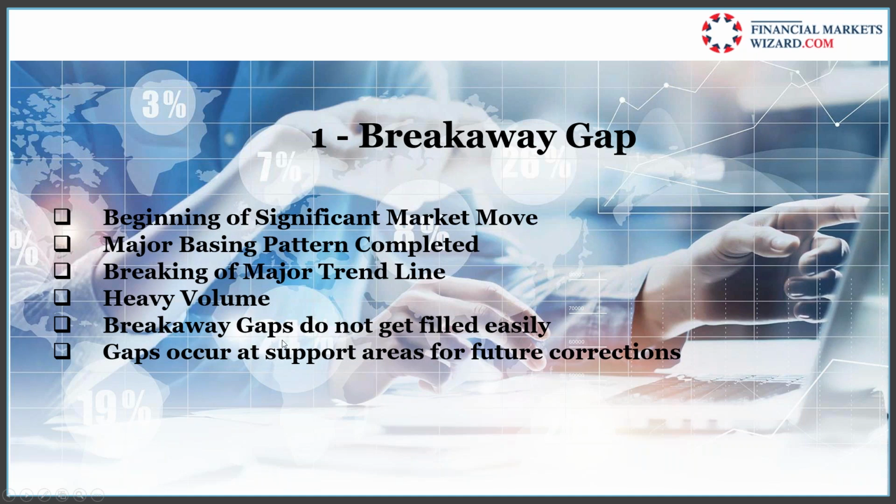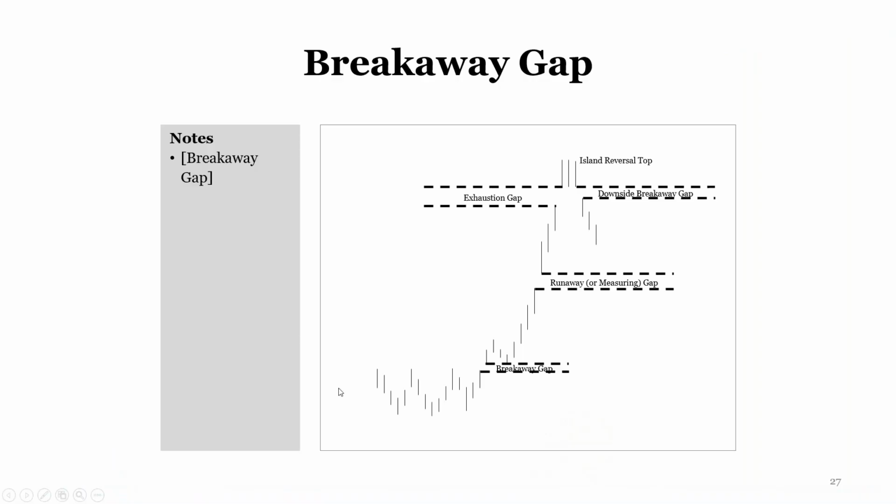The chances are the breakaway gap does not get filled easily. So this gap which occurred here, the stock does not come to fill the gap. It stays above. So what to do when the stock gaps up like this? There are various things you can do.